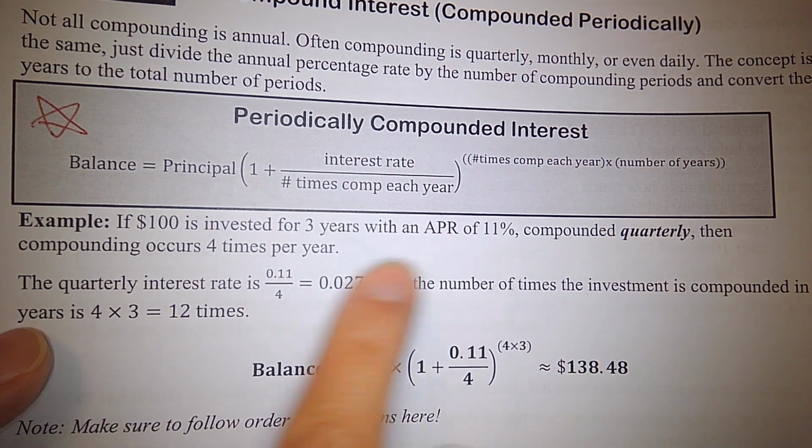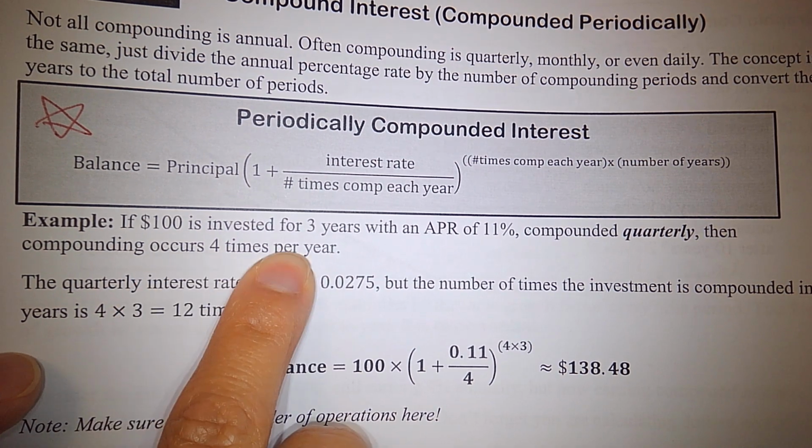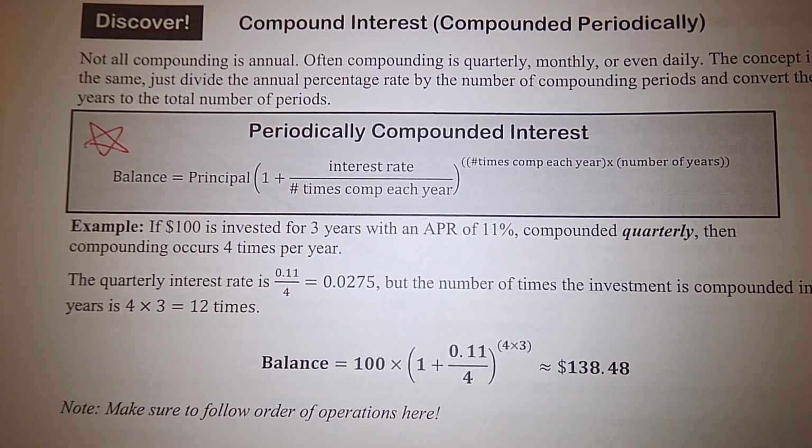So compounding occurs how many times each year? 4 times. Compounding yearly means they only give us interest once every year. If we compound quarterly, after each quarter they give us an amount of interest, so the compounding occurs 4 times.